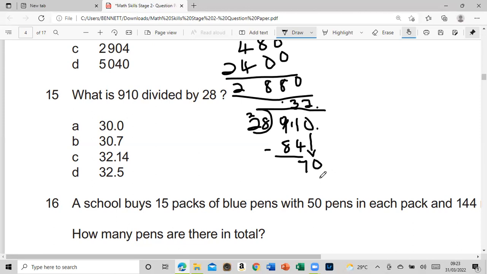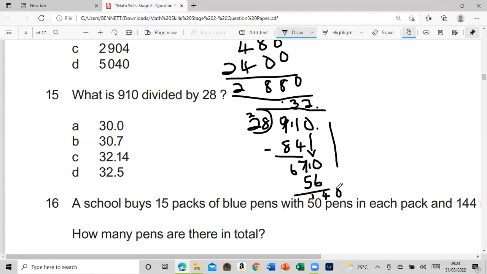And that will be 56. 2 times 28. Subtract 6 from 4 you can't. That's 6. That's the 4. That's 140. Right? Carry down a 0. I get 140.